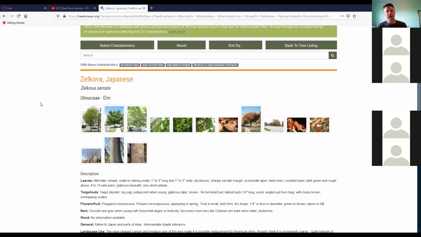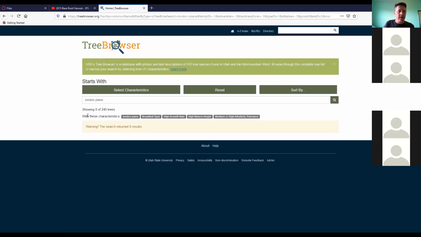There are fungal sprays for it, but they're marginally effective, especially when you consider that the London plane tree is typically a very large tree. So it's hard to spray something that gets that large.